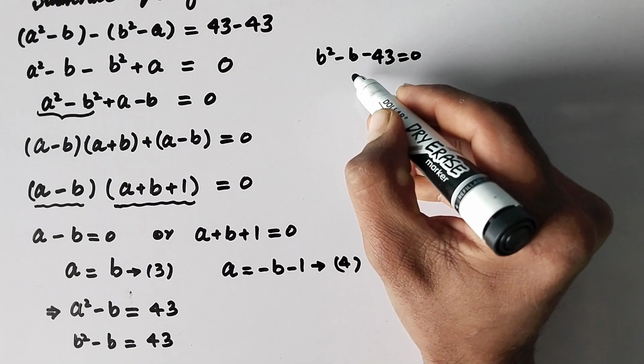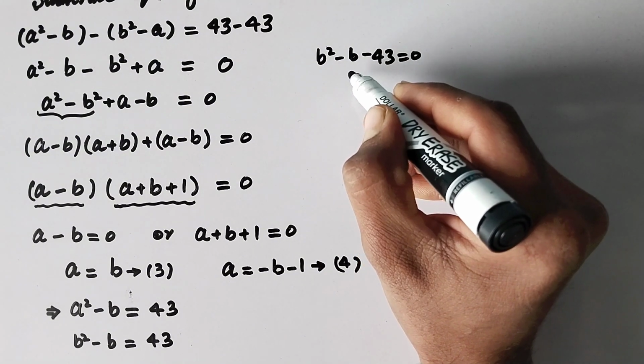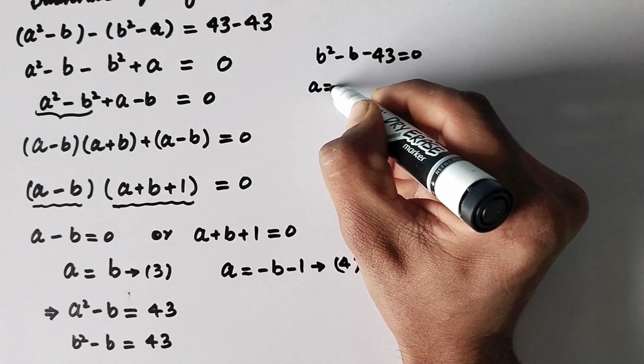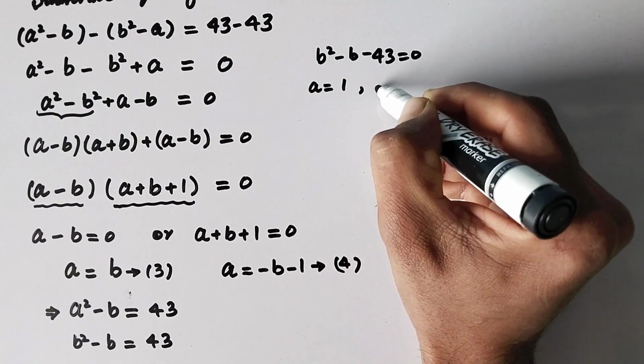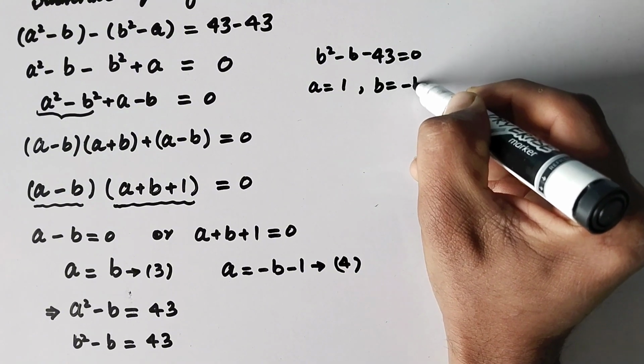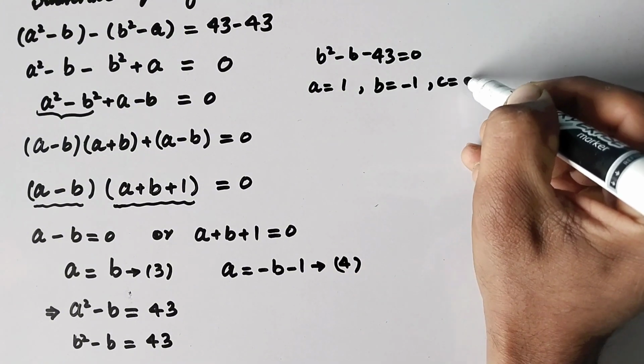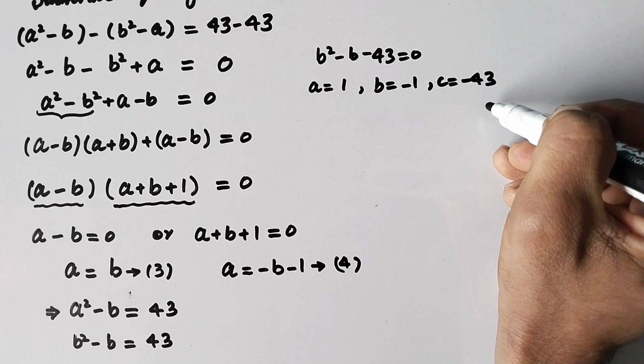So here we have gotten a form of quadratic equation where a will be equal to 1, b will be equal to minus 1, and c will be equal to minus 43.